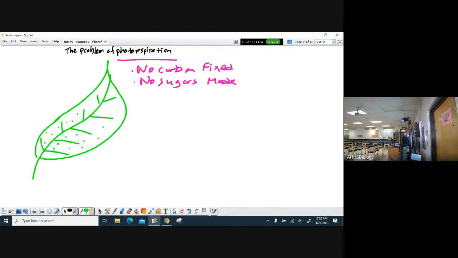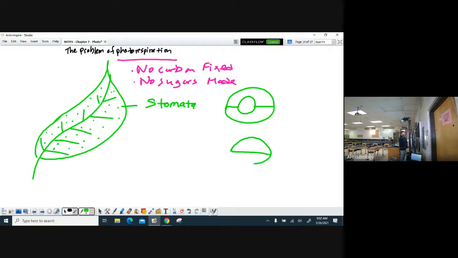Now, this is a lab that we do later on, but I like to introduce it now because it explains what's going on with that lab later on. That pore is called a stomata. And it can look like either this, and somebody usually says a Pokemon ball, I guess, or it can look like this. It can be open or it can be closed.